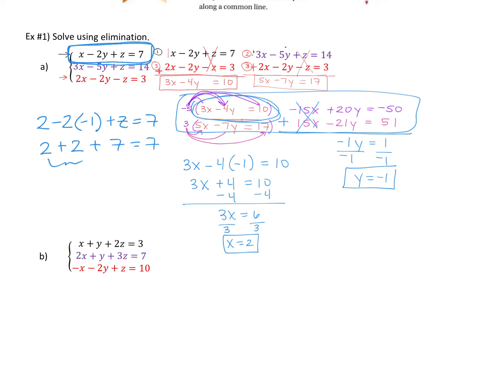So take away this 4 from both sides and you get, oh, that's a z, not a 7. So you get z equals 3. The top one, the very top one. X minus 2y plus z. So your answer, 2, negative 1, 3.